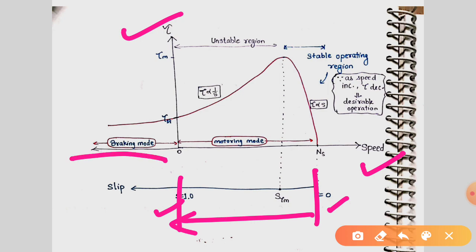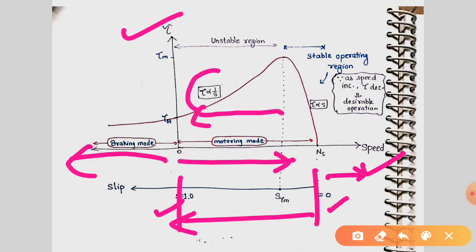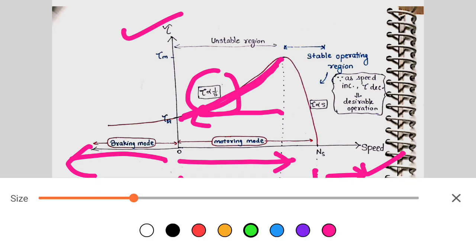This region is the braking region, this region is the motoring region, and on this side we get the generating region. On this side we can see that torque is inversely proportional to slip, or this part is the starting region where torque is inversely proportional to slip, and on this side we have torque directly proportional to slip.